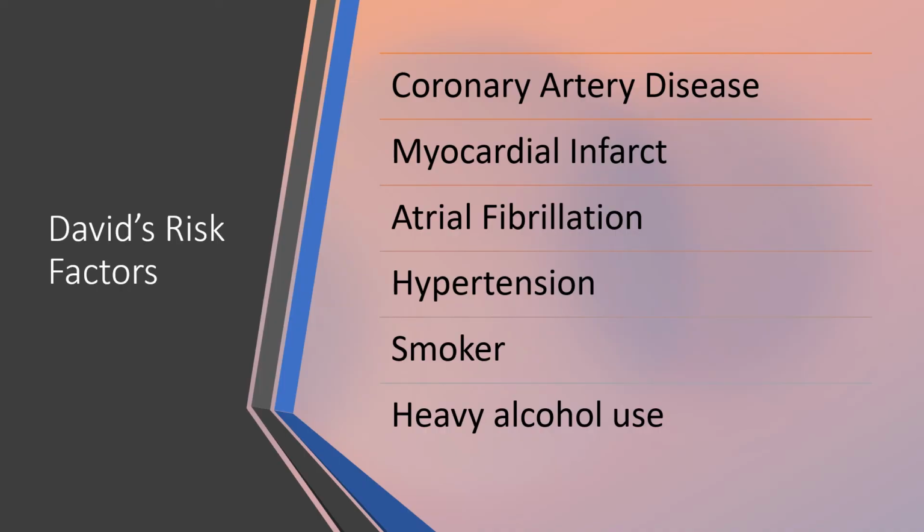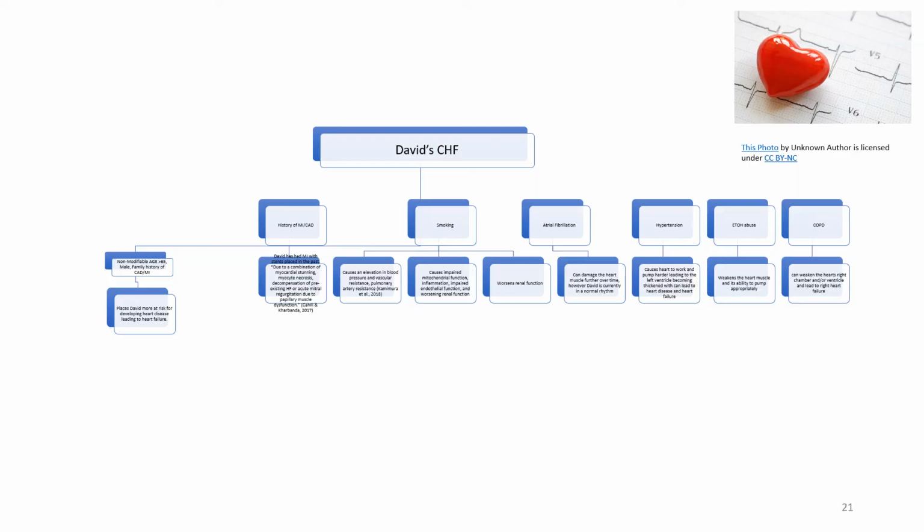David also has, in addition to the coronary artery disease and MI, AFib, uncontrolled hypertension. He is a pack per day smoker and has heavy alcohol use. So this slide discusses David's heart failure.